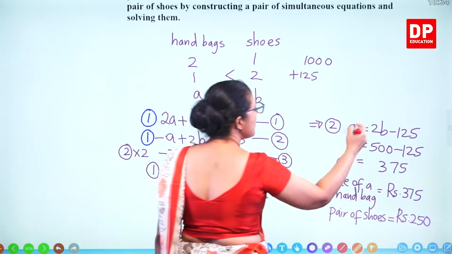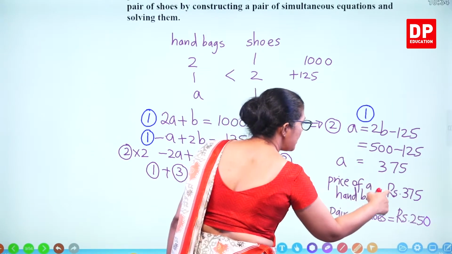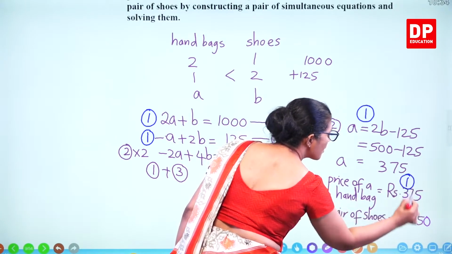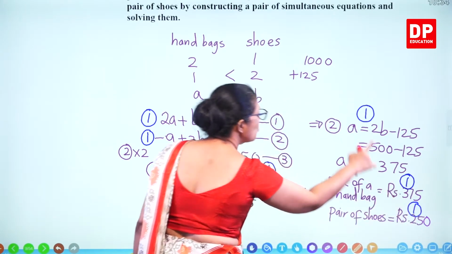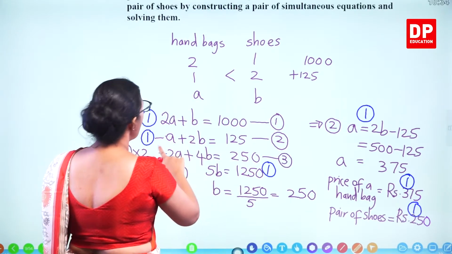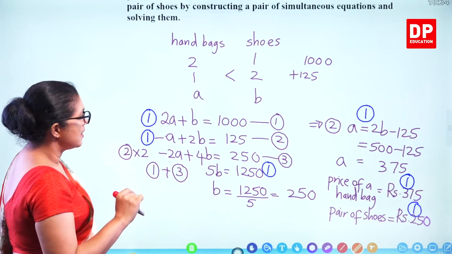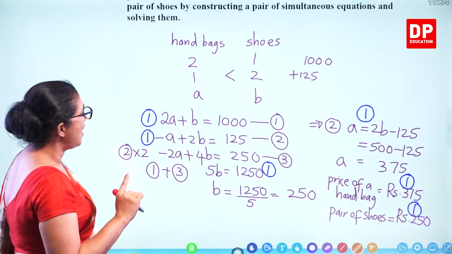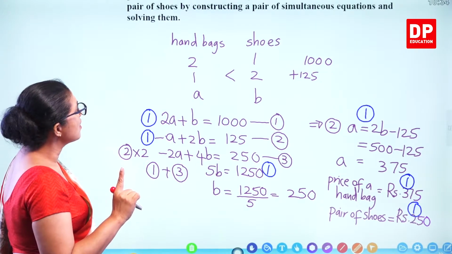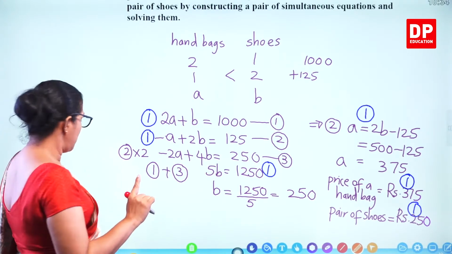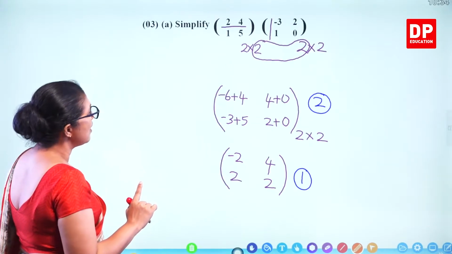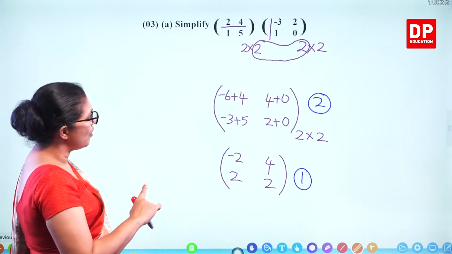And here this method 1 mark. Finding the value of this 1 mark and 1 mark for this 1, 2, 3, 4, 5, 6. And we need to give 1 mark there, so we can give 1 mark for this step.